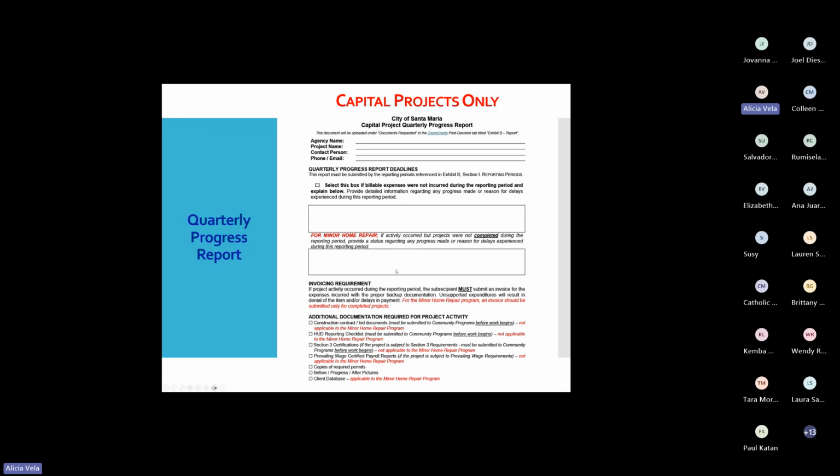For minor home repair, if project activity occurred but projects were not completed, so you're not able to bill during that time, please provide a status regarding any progress made or reason for any delays that the agency or maybe even clients experienced during this reporting period.